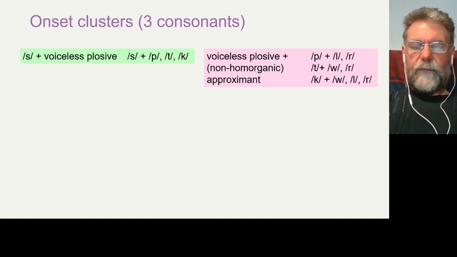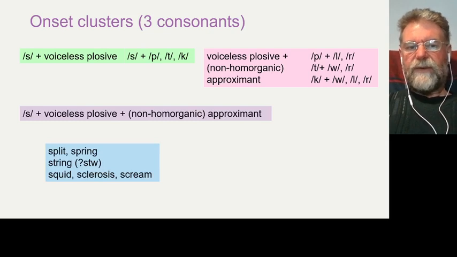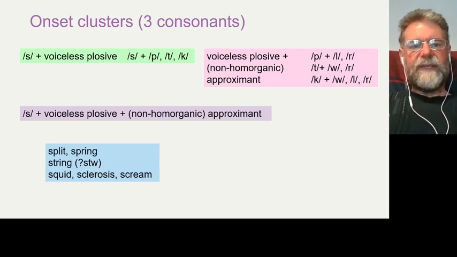Okay, well, put those three things together, and it turns out that you can get almost all of those. So s in front of a voiceless plosive in front of a non-homorganic approximant. Then we're going to get spl and spr possibilities. We're going to get str possibilities.